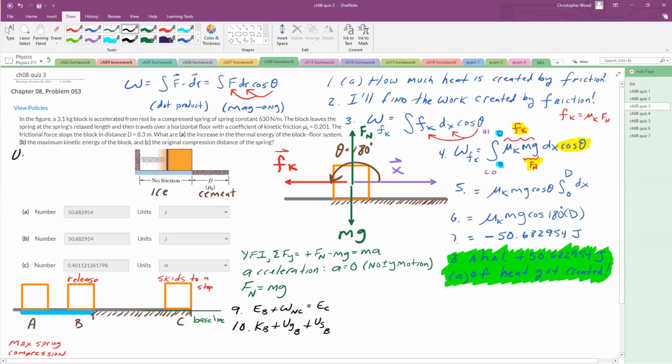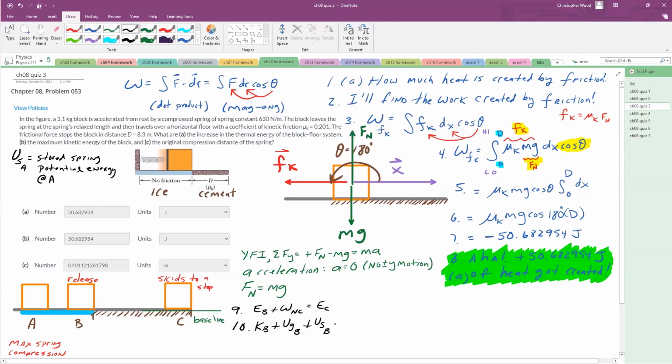Whenever you see stored spring potential energy at state A, this is a second kind of potential energy.